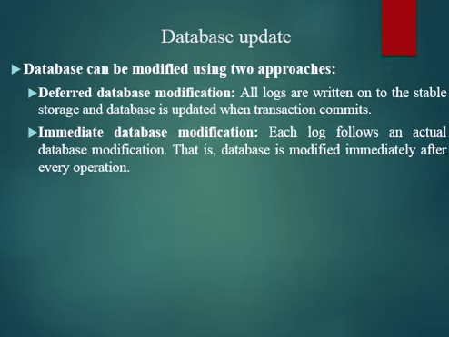If a crash happens, we need to do a redo operation. After a system crash, when the system restarts, it will do a redo operation again. If you are using deferred update, we don't need to do any undo. We will discuss that in the next slide.